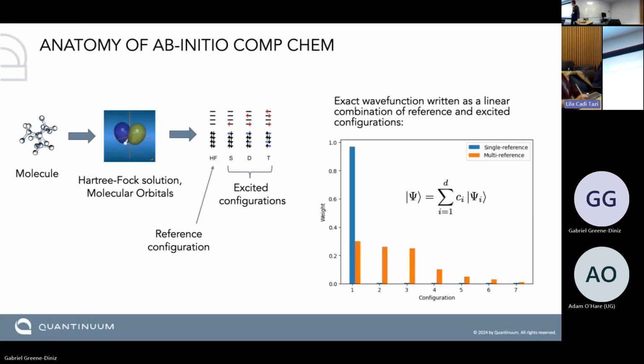So this slide is probably not necessary for this crowd, but just for completeness, in ab initio quantum chemistry, generally we want to express the ground state in terms of excitations on some reference, the Hartree-Fock solution, such that the ground state can be expressed as some linear combination of reference and excited state configurations. And that's the kind of thing explicitly we can prepare on a quantum circuit using the method I'll talk about, which involves Givens rotations.